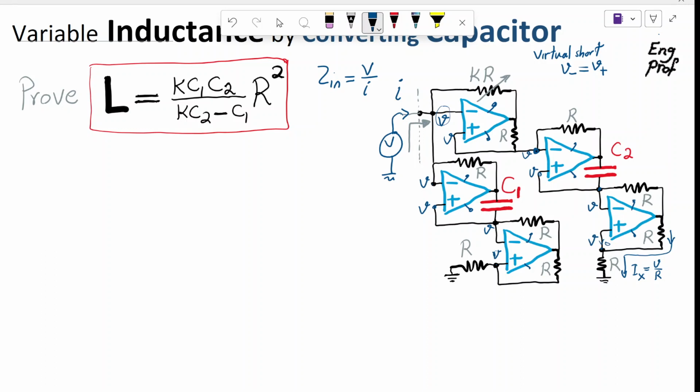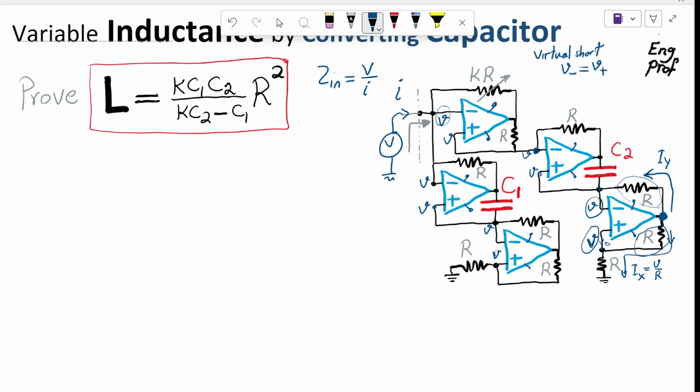We can say the voltage is here, and there is this current flowing, so we can find the voltage drop across this resistor. And that should be the voltage drop across this resistor, because both of these two resistors have the same voltage across them. On one side, they both have V. On the other side, they have a common node. So we can find this current, let's say IY, this way.